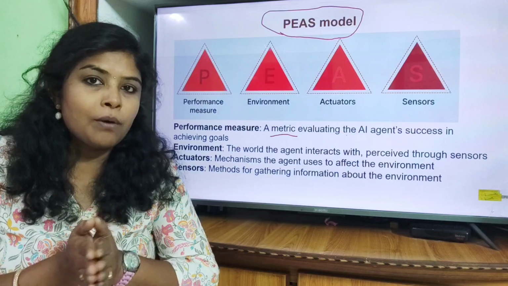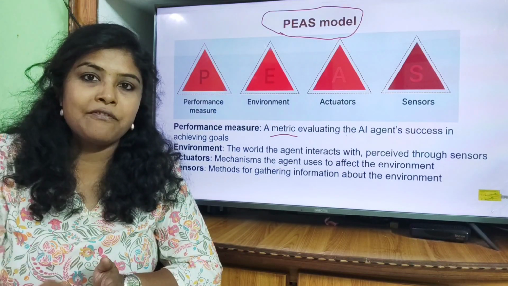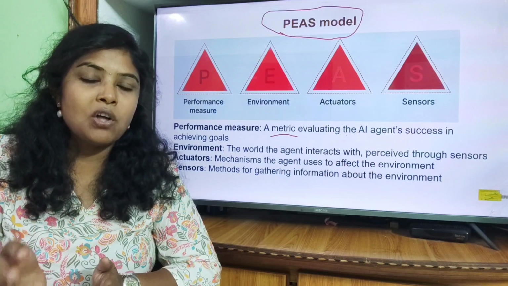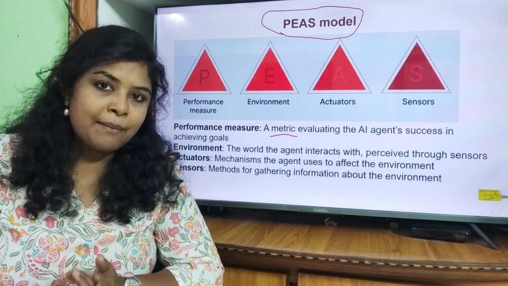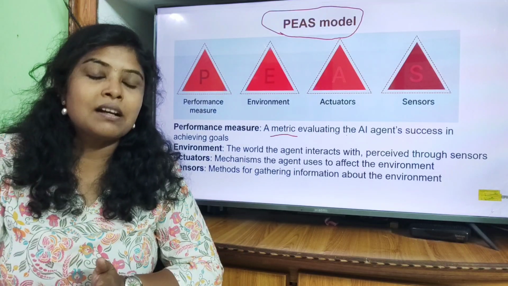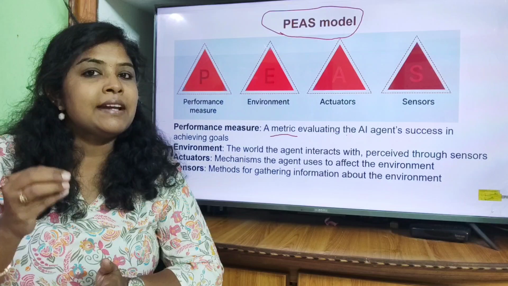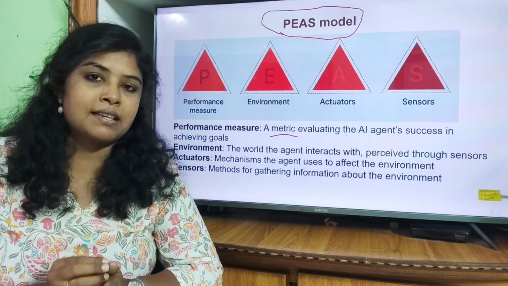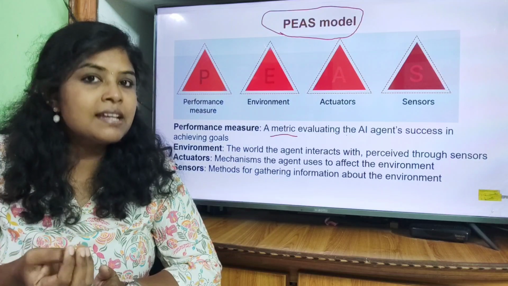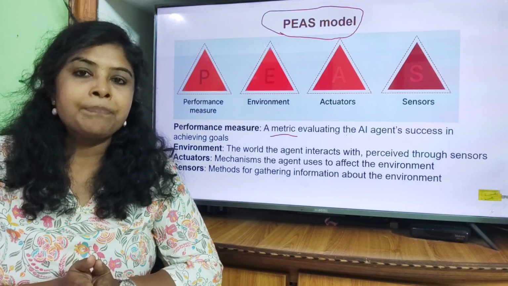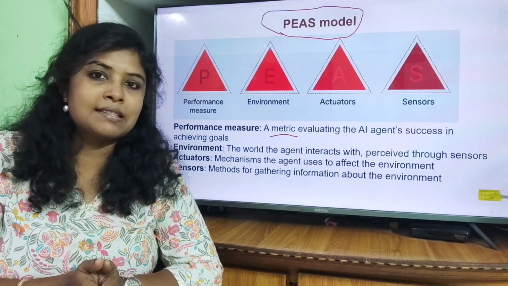Suppose there are some problems encountered on the way, like it has not obeyed some traffic signals and it has not obeyed the law of giving way for the ambulance. If we encounter these kinds of circumstances, then we cannot say it is 100% success. Although it has reached the destination, it has still encountered some problems on the way. So we can say it is 60 to 70% successful.